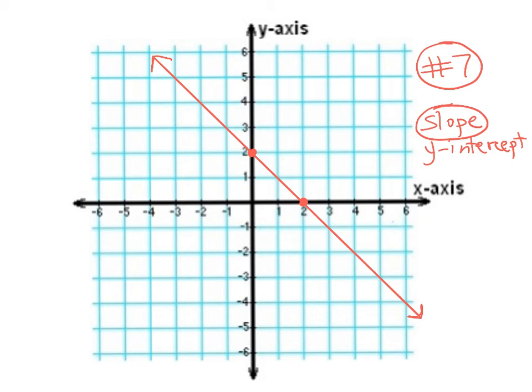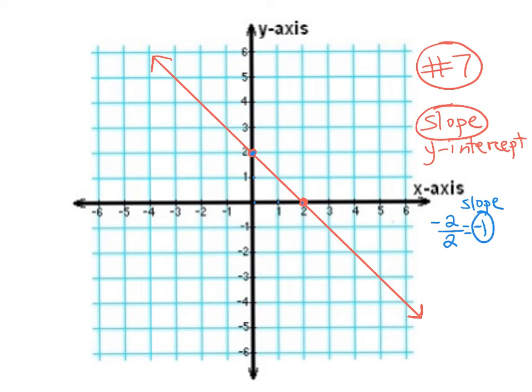In order to figure out the slope, I need to go from one point to another. So if I start at this particular point, I can go down 2, 1, 2, and over 2. So the slope of this is a negative 2 over a positive 2, which is equal to a negative 1. So the slope of this line is a negative 1.